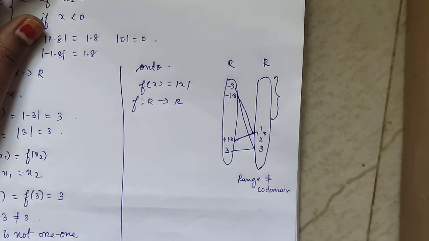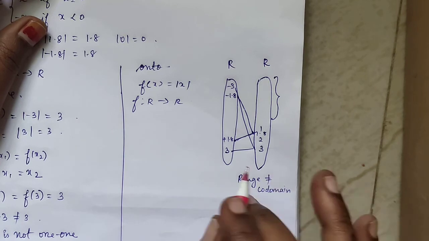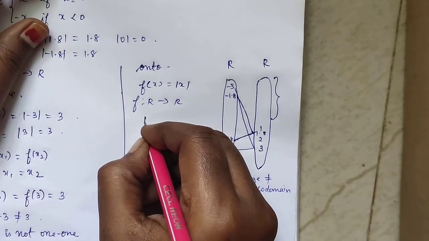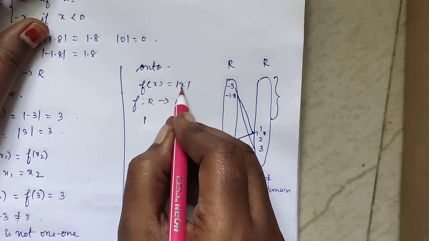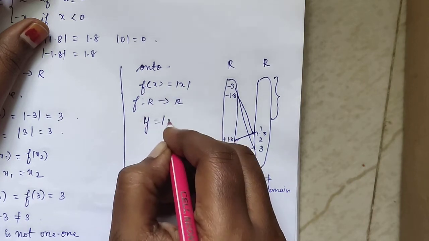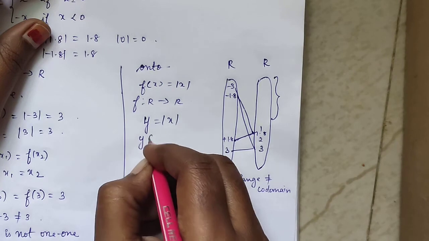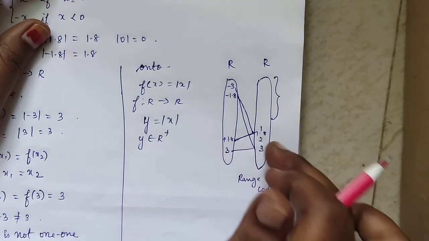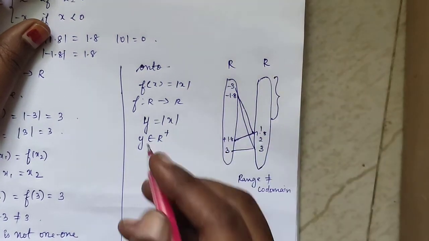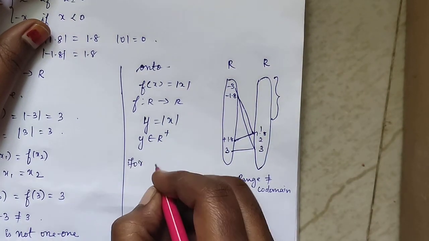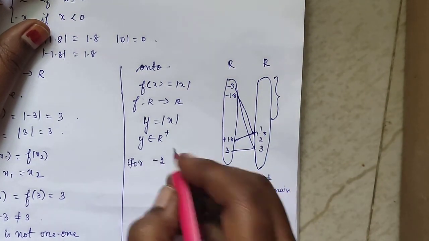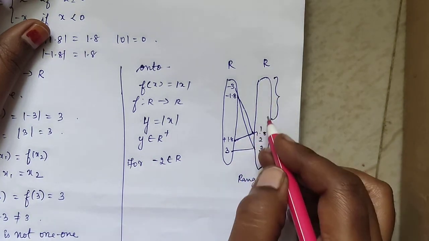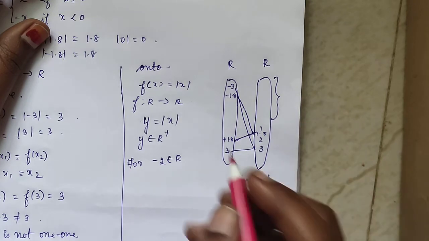Now let us take one example and show that this does not get involved in mapping. f of x is equal to mod x, that is y is equal to modulus of x, y belongs to R, only the positive numbers are involved there, negative numbers are not. So let us take one negative number, minus 2, which belongs to this set R. For this minus 2 there is no mapping here.